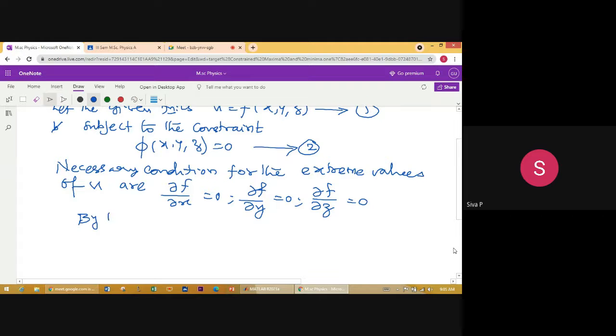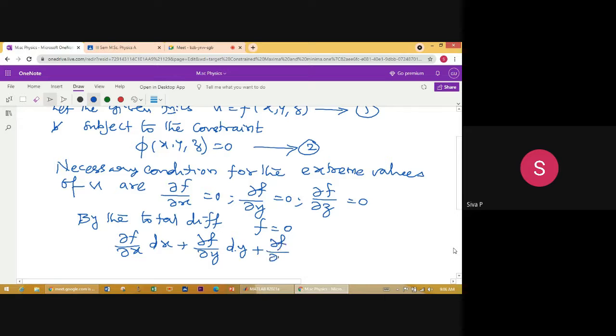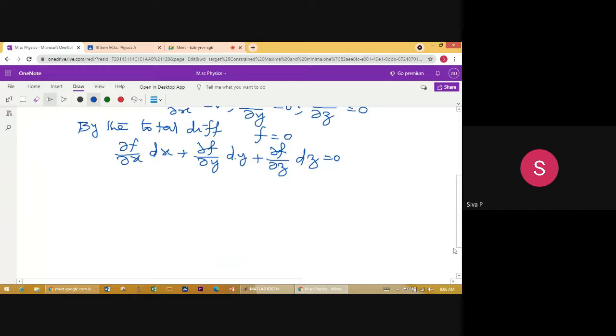By the total differential, dou f by dou x dx plus dou f by dou y dy plus dou f by dou z dz equal to 0.